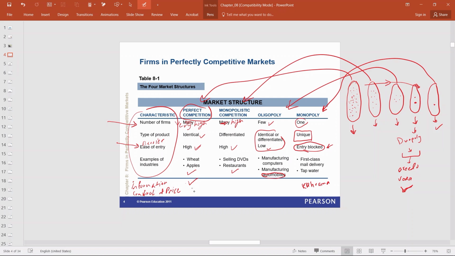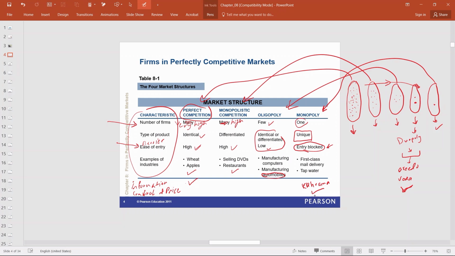So prices are given, but here in monopoly, there is a lot of information that is hidden, especially about the type of product provided and how it is made for people to consume. So in monopoly, the supplier or firm or seller has perfect control on prices, and consumers have no control on prices.